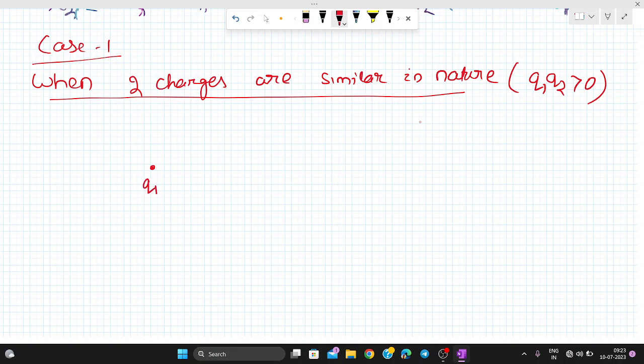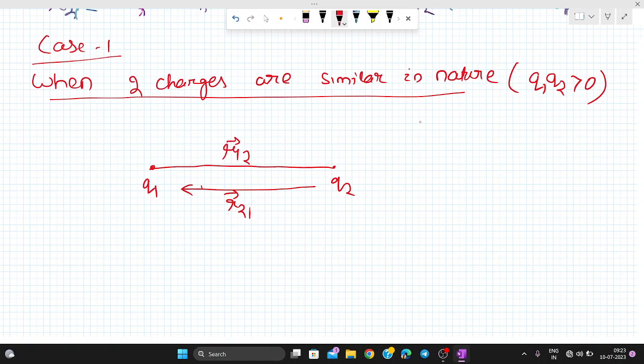Here is Q1 and here is our Q2. And if I also show the distance vectorially, I will have to show it in position vector form, that is R12 here from 1 to 2 and here R21. Okay.